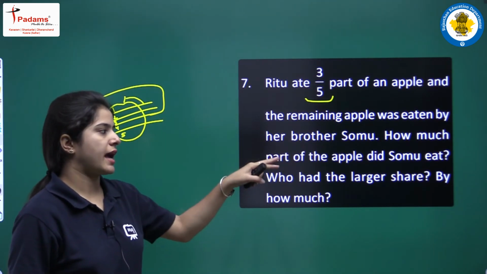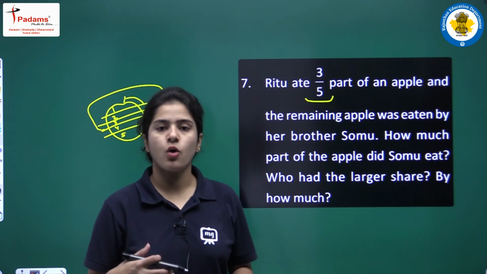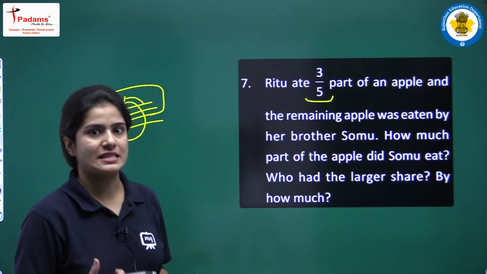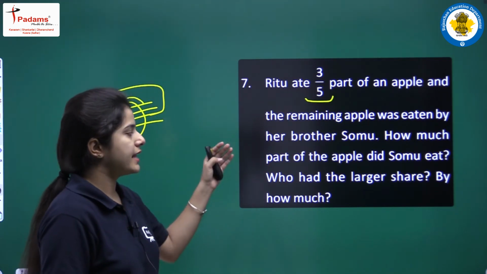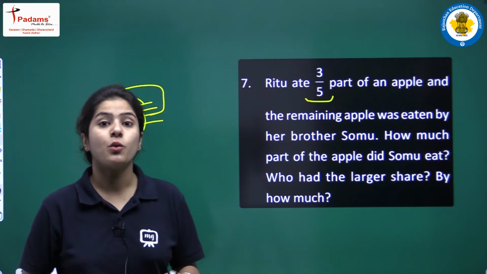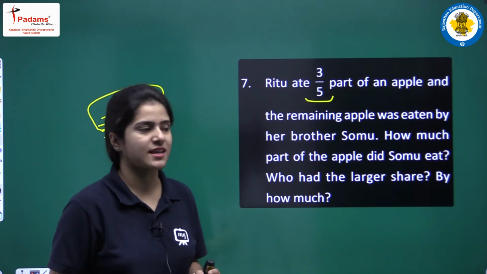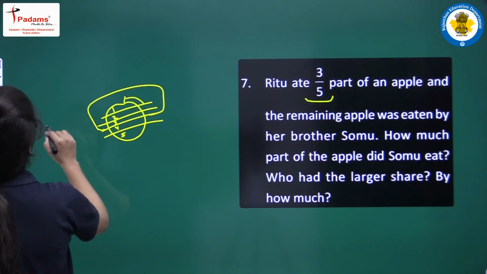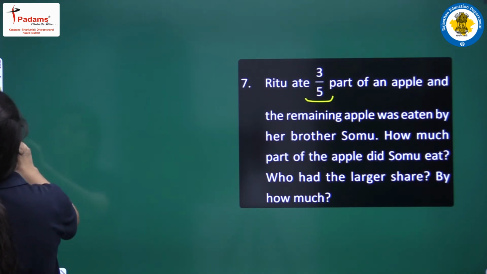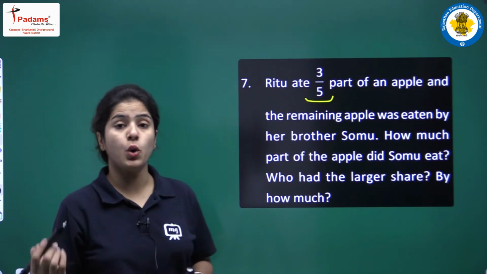How much part of the apple did Somu eat? And in the next part you have to find out who had the larger share and by how much. Alright students, so let's discuss it. We have discussed fractions, students, that a fraction is a part of a whole.